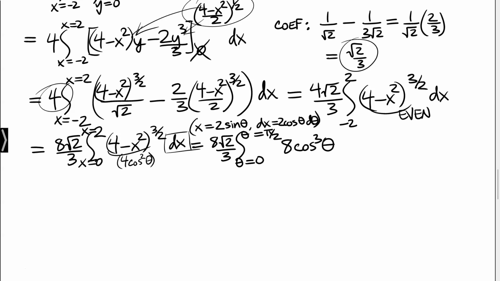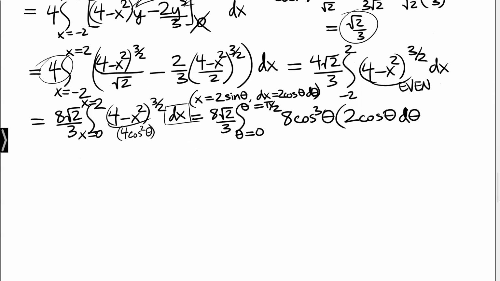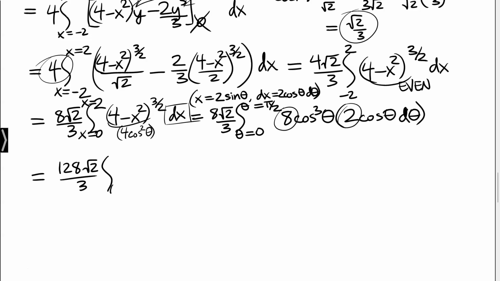But dx from the substitution is 2 cosine theta d theta. Oh boy. So what we end up getting, after we pull all the constants out, we have 8 and 2. So that's going to make 128 root 2 over 3 times the integral from theta equals 0 to theta equals pi over 2 of cosine to the 4th.